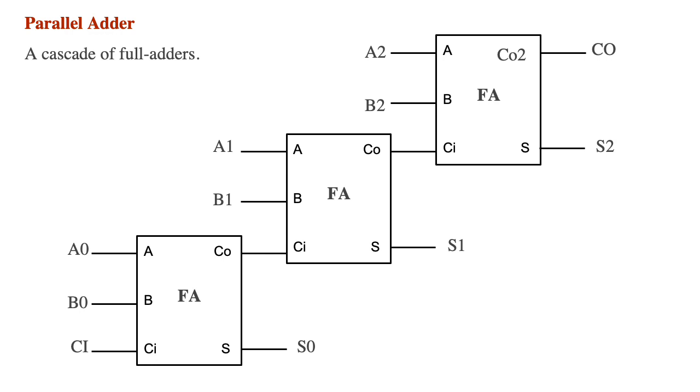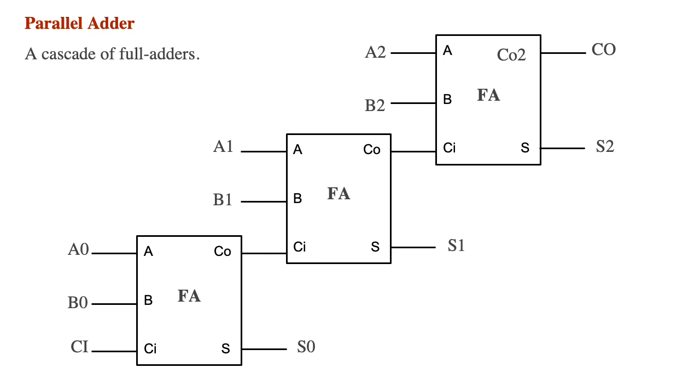Here we're connecting 3 full adders together for us to be able to create a 3-bit parallel adder. That means an adder that can add numbers of at least 3 bits. For example, 7 is 111. It is possible for us to add 7 plus 0, for example, using this 3-bit parallel adder.